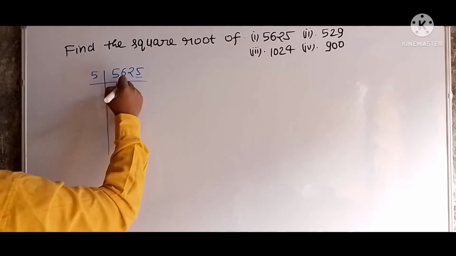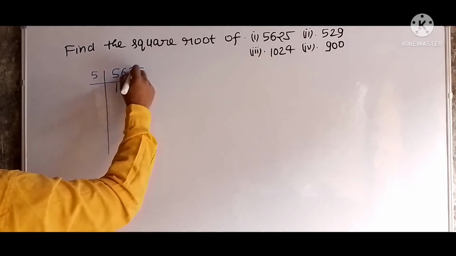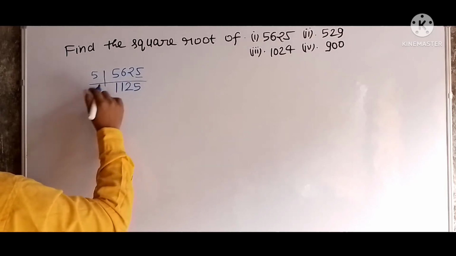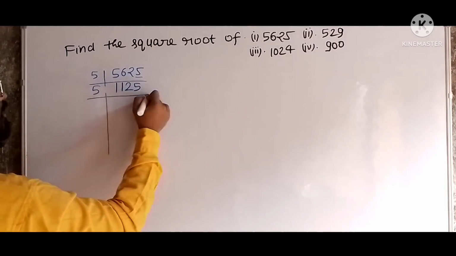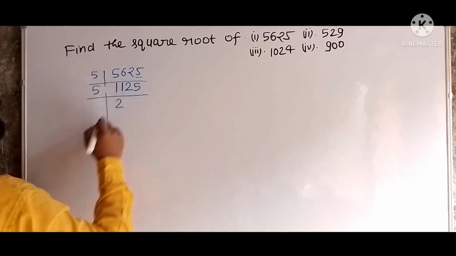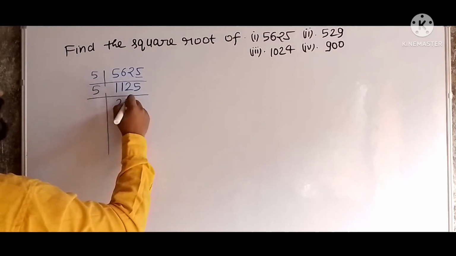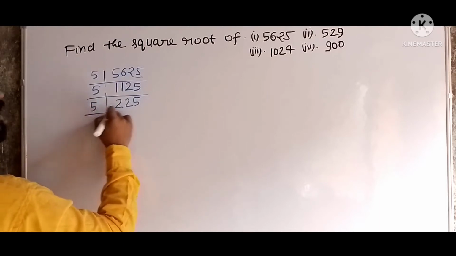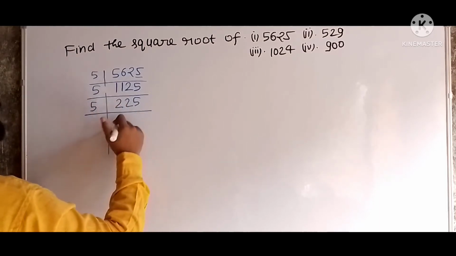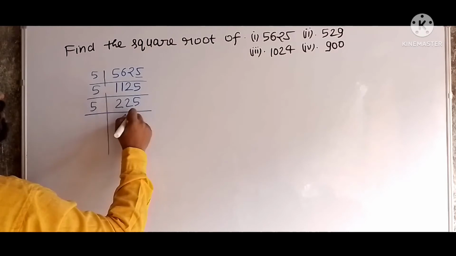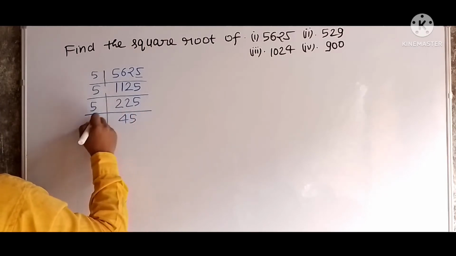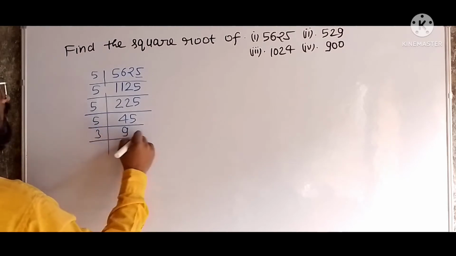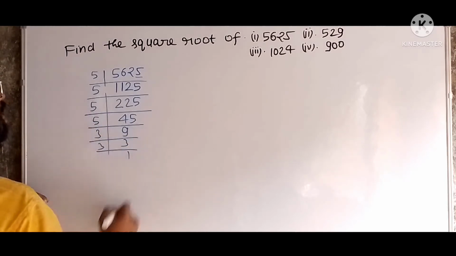Now again this number ends in 5, so divide by 5. Again by 5. Now again 5 9s are 45, then again 1.